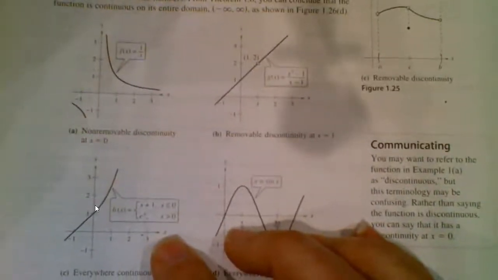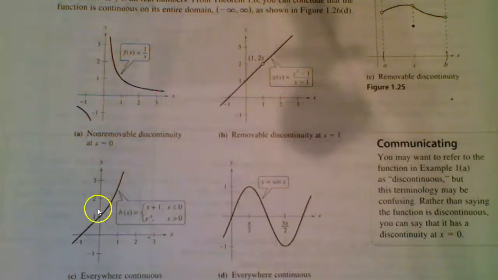So this is obviously a discontinuous graph because there is an asymptote right in here. But if you were asked, is the graph continuous where x equals 2? Well, it is continuous where x equals 2.